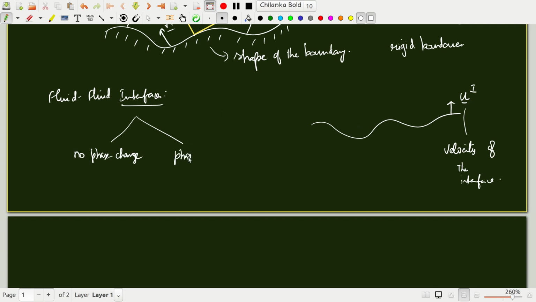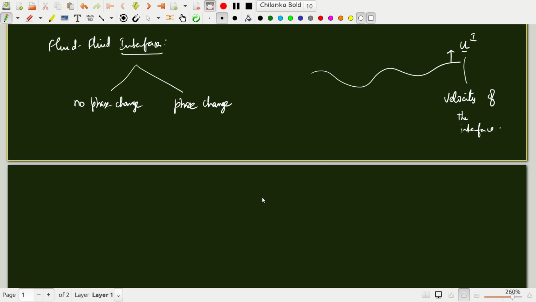And so there are simple interfaces where there is no phase change, and there are interfaces like evaporation of water, or melting of ice, or condensation of water vapor to form a drop. They are all interfaces with a phase change. Okay. Let's call this phase 1. Let's call this phase 2. These are two different phases.